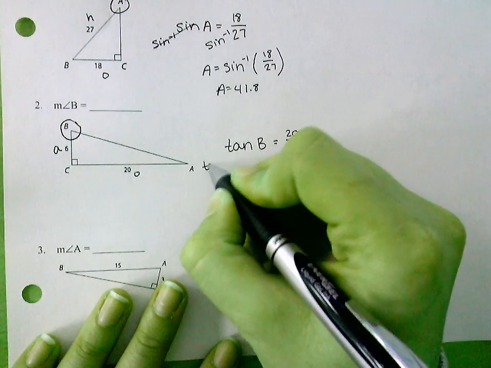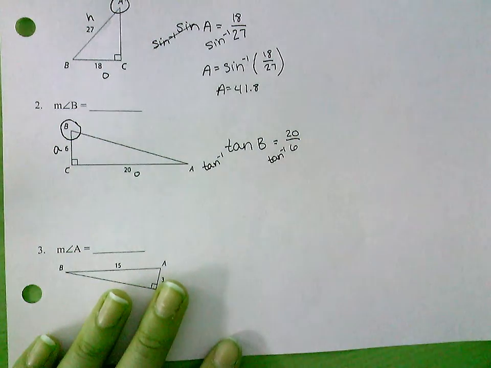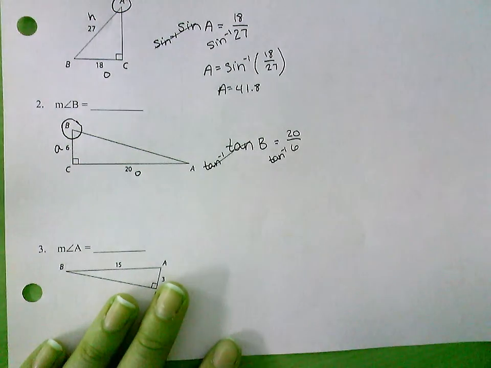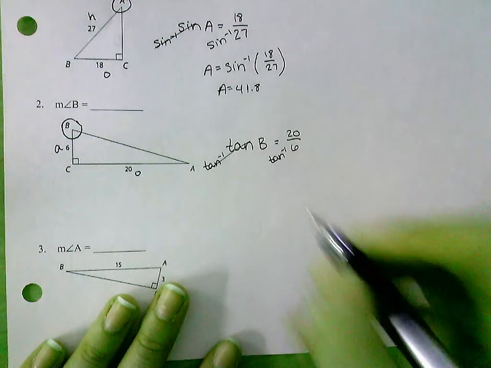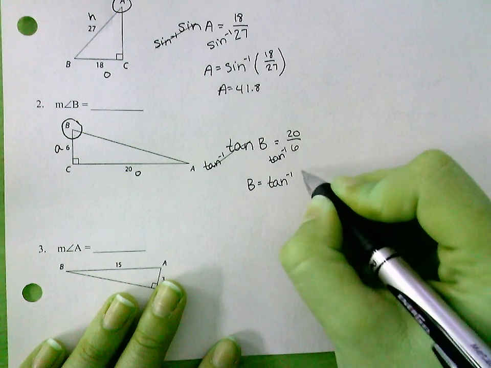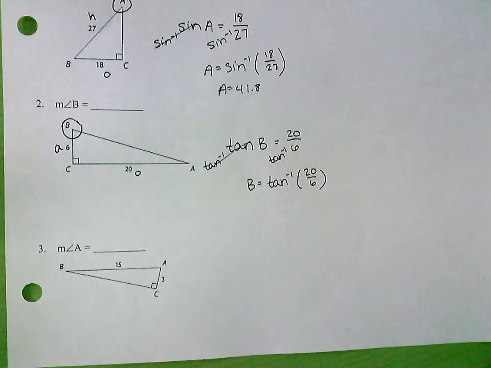Again, I need to bring in that inverse since I'm solving for an angle measure. So tangent inverse to both sides. They cancel each other out over here. So I have B is equal to tangent inverse of 20 over 6. Make sure you can plug it into your calculator correctly.